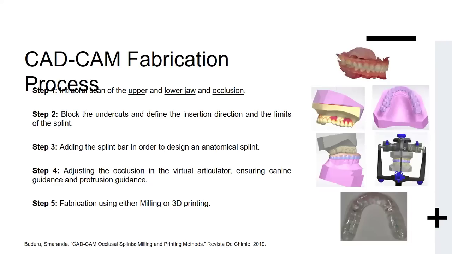In step 2 we are designing the splint, and we can determine the extension of the splint and the direction of insertion. So we determine the design of the splint, but I cannot determine more now.